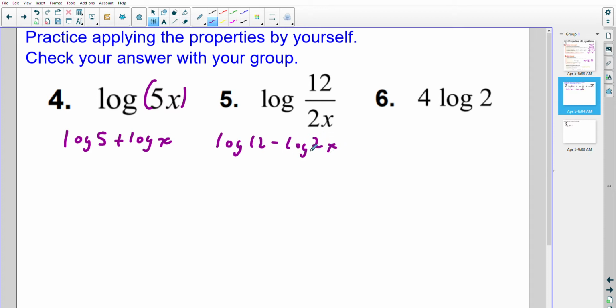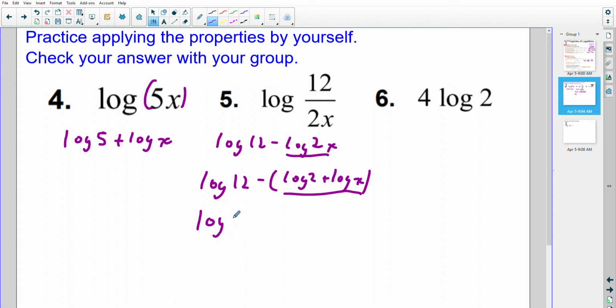Now be careful here because you're not done. You have to continue with this one. So it's the log 12 minus log 2 plus log x. Notice if I put minus and then parentheses, this is equal to this.